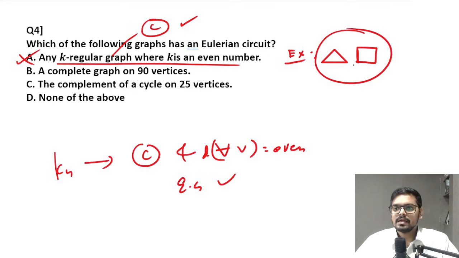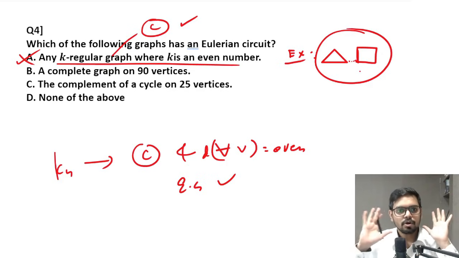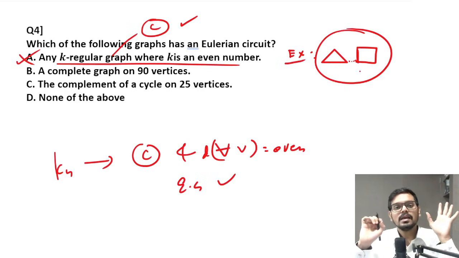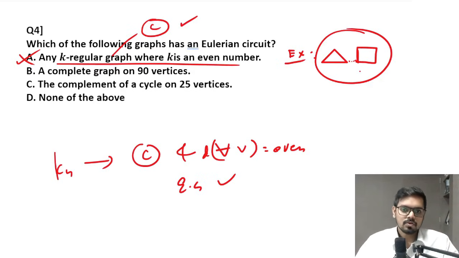There is a disconnect here, and the disconnected graph creates an issue, because I cannot cover all the edges, so it's not an Eulerian circuit. Understood why option A is incorrect. If they just modify the option and say any connected K-regular graph where K is even, then yes, Eulerian. But here connected was missing, so very critical. So option A is incorrect.